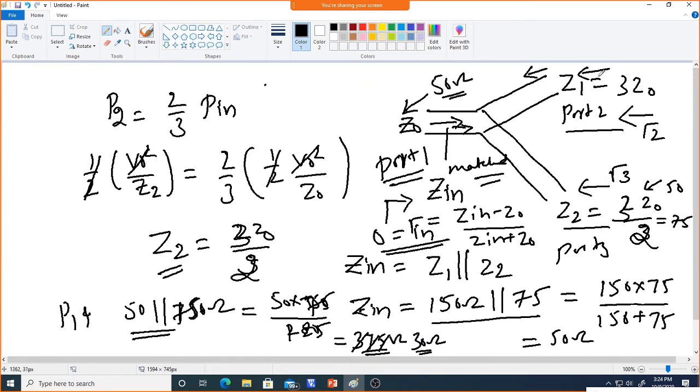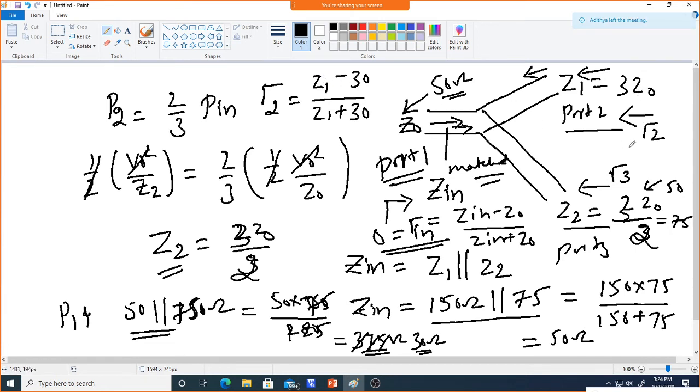Now if you take the input impedance Z1 and calculate the gamma at port 2, this will be Z1 minus the combination we calculated, which acts as ZL, divided by Z1 plus 30. So what is Z1?